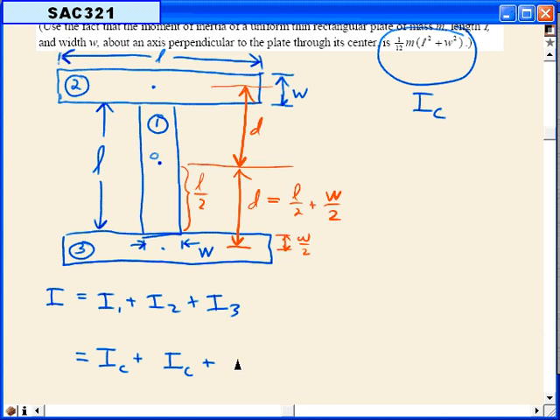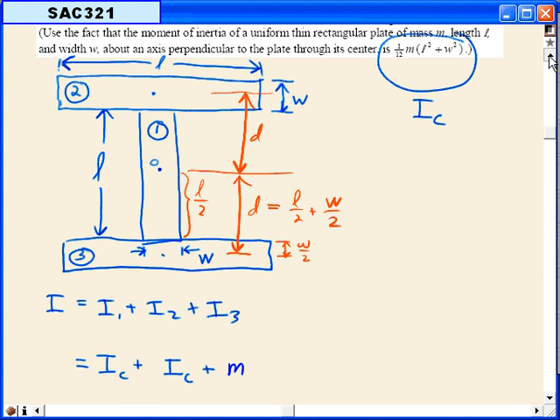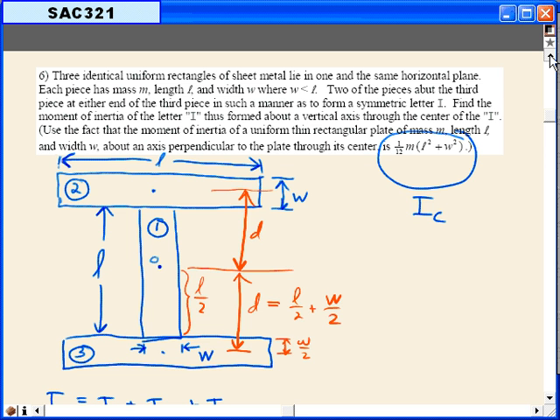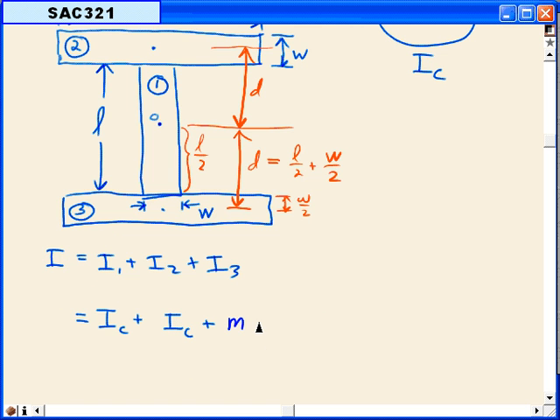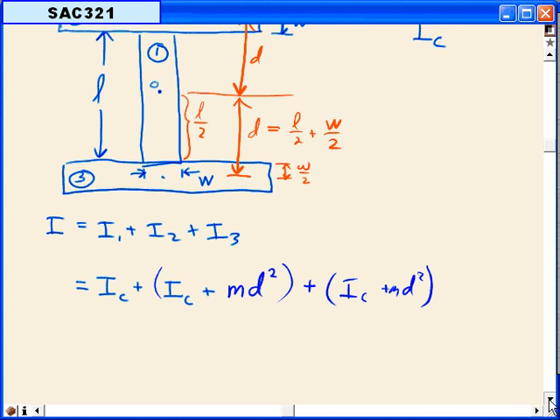So this is that squared times the mass of one of these plates, and they've all got the same mass, m, so I'll just use the symbol m for that, plus m d squared. That'll be the second one, and then the third one, plus, okay, it's got the same moment of inertia, and it's the same exact distance, so we get the exact same expression for it.